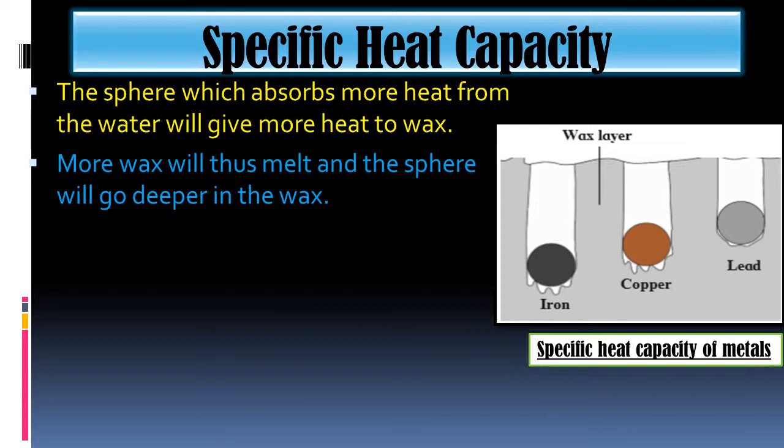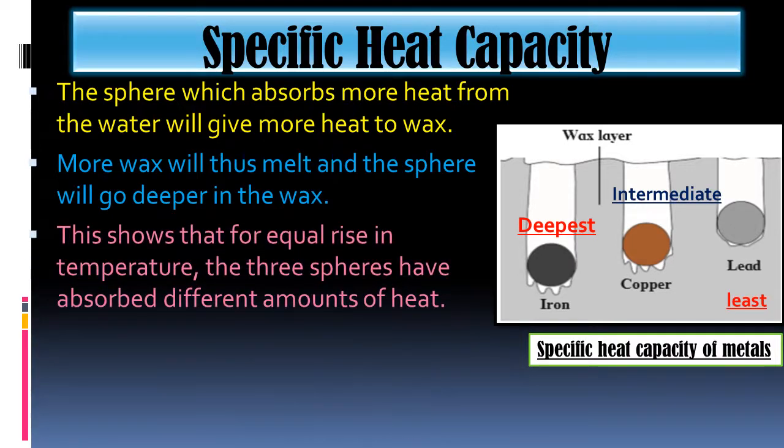It can be observed that the iron sphere goes deepest into the wax, the lead sphere goes the least, and the copper sphere goes to an intermediate depth.